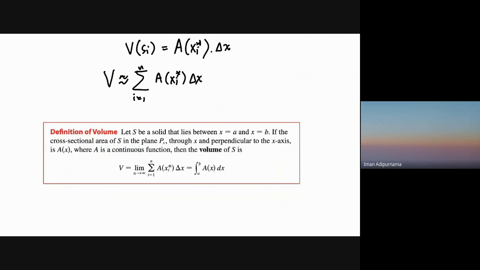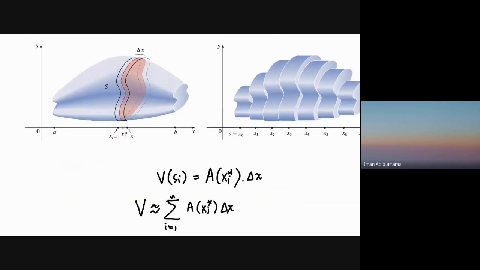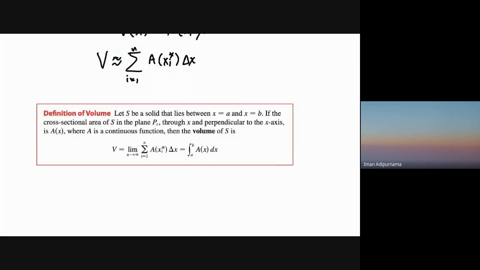If the cross-sectional area of the solid S in the plane Px, through x and perpendicular to the x-axis, is A(x), precisely what we have in the picture here, where A is a continuous function, then we can write the volume of S as the integral of A(x) dx.